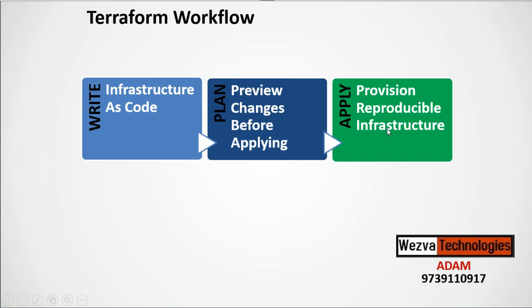When you apply, you will be able to create infra which is reproducible at any time. So that is how you can keep track of what is happening. You will be able to see beforehand what is going to be modified, and you will be able to recreate. Okay, so this is the workflow of Terraform.